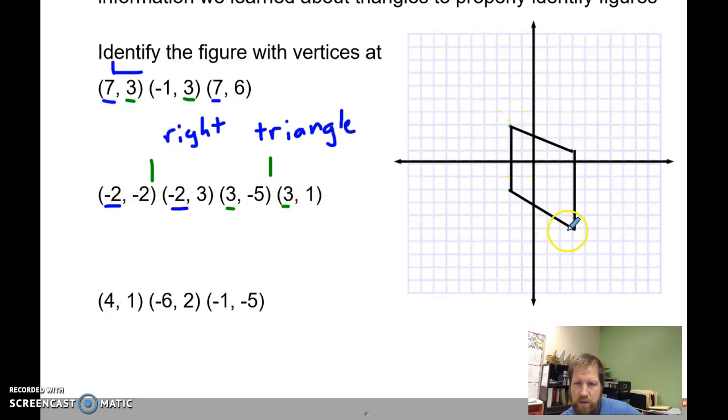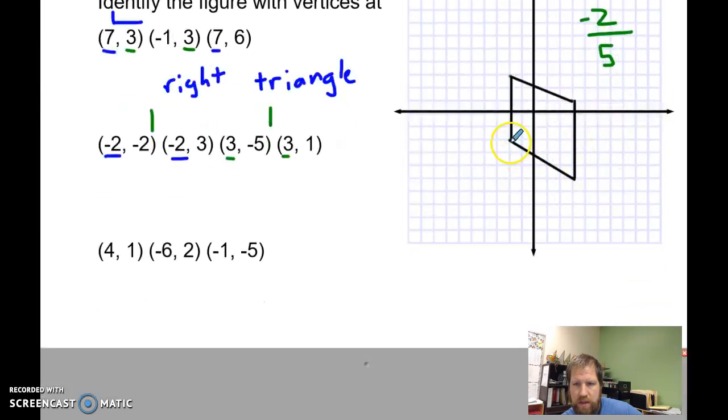It looks like these ones might be parallel, and the best way to tell is to look at their slopes. Okay, so this one comes down 2, right? So the rise is -2, and it's going to come over 1, 2, 3, 4, 5.